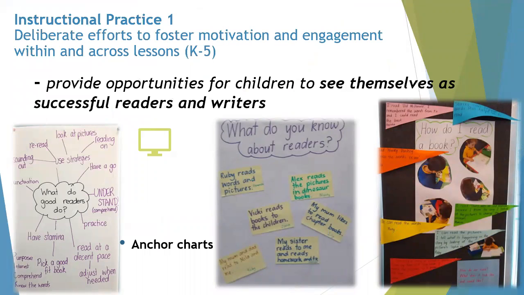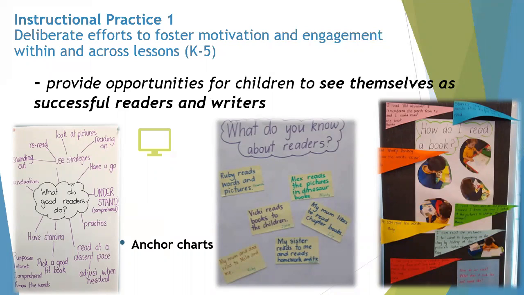For everyone else, it's essential practice 1: deliberate efforts to foster motivation and engagement within and across lessons. You'll see under each of these essential instructional practices that there are between 3 and 5 dot points. Each dot point has research to support that this is a particularly important element for literacy learning.